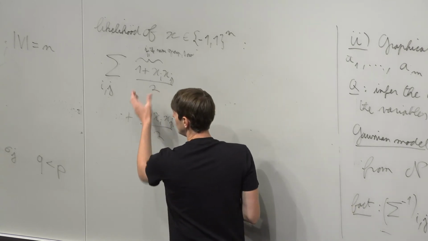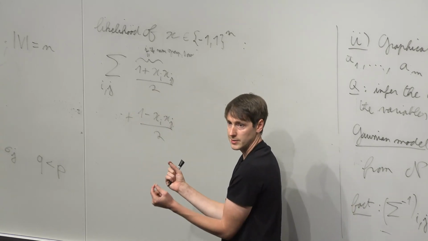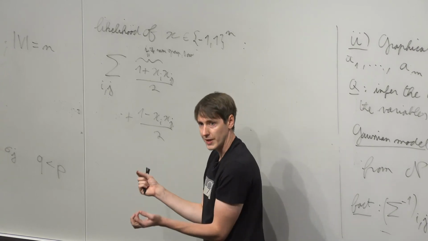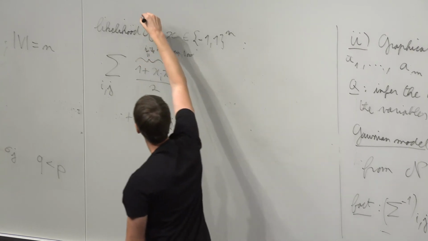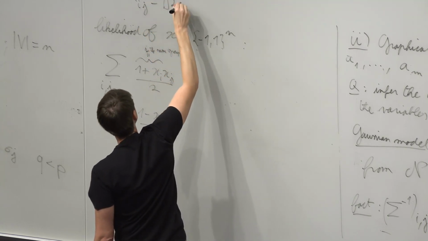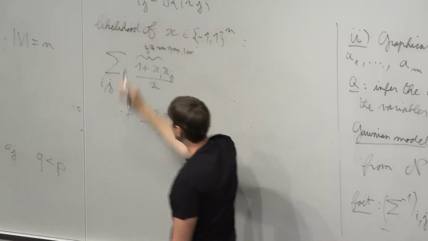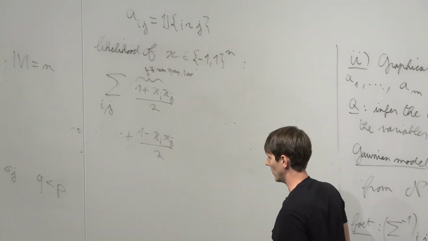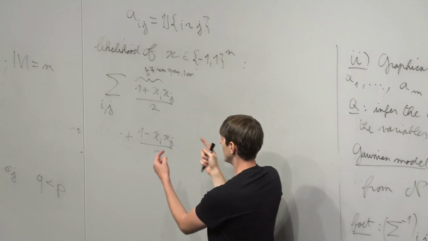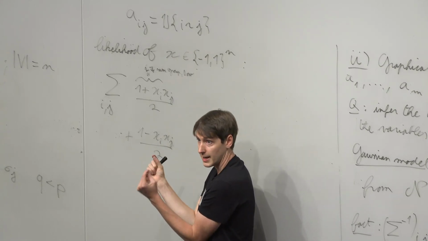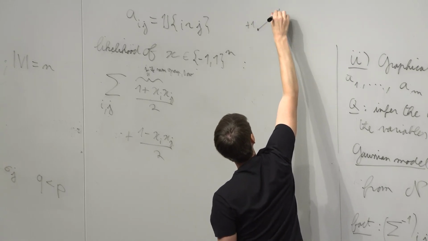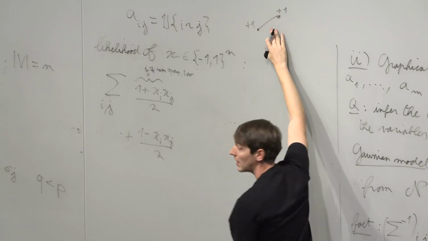So if I have two vertices and they are in the same group, then I get two terms. Let me write A_ij as the indicator that i is connected to j. A is what's called the adjacency matrix of my graph. It's just a 1 if they are connected and 0 otherwise. So if I have two guys who are connected, and I assign them to be in the same group, what's the likelihood of this?